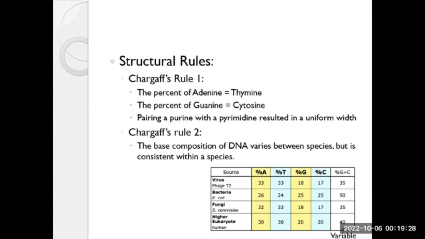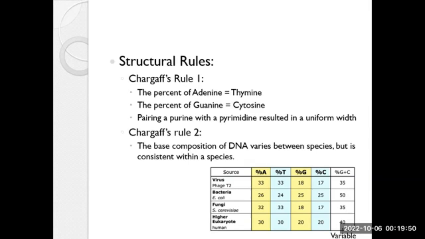There might be small, minor deviations there, but as a whole, we'd be able to round it up. It'd be like 30.01. Okay, yeah, 30%. Cool. That would be true for all humans. But Chargaff's rule takes it a step further. It says not only is there uniformity within a species, it is distinct and unique to that species.